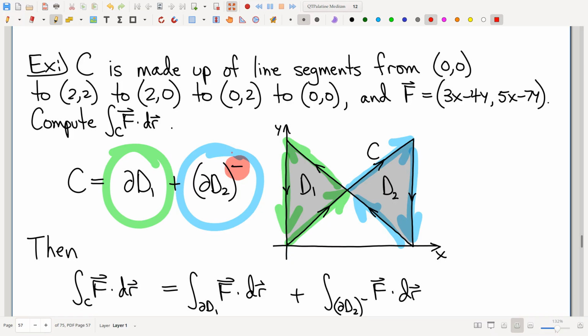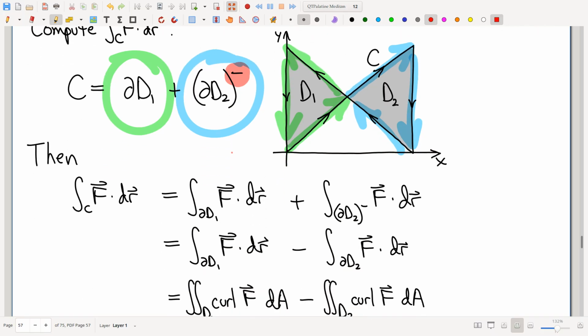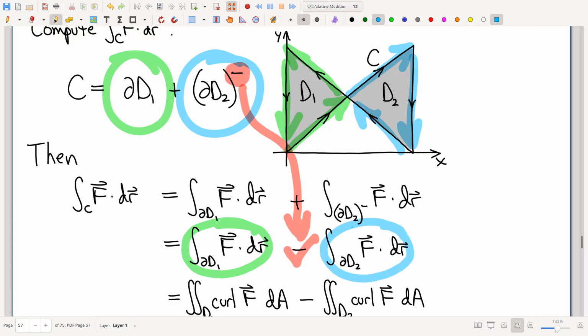Yeah, cool. All right. So the integral on that curve C is the sum of these. You got to account for the orientations, right? You got to throw in the appropriate minus sign. But basically, we're talking about a line integral around the boundary of D1 and a line integral around the boundary of D2, just appropriately fixed with minus signs.